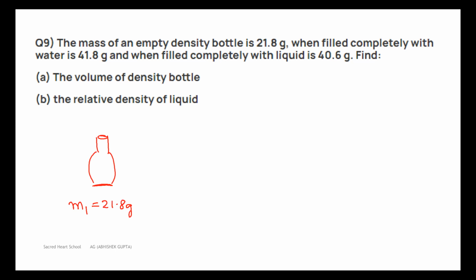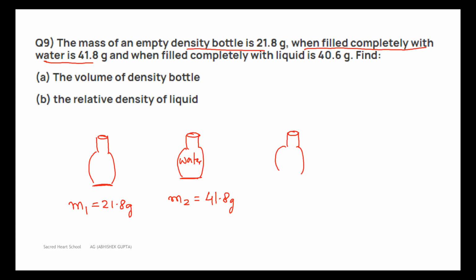Now, the same bottle, when filled with water, let this be M2, is how much? 41.8 gram. And the same bottle, when filled with some unknown liquid, let the mass be M3, it's how much? 40.6 gram.